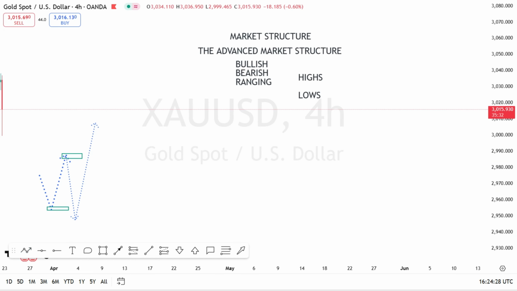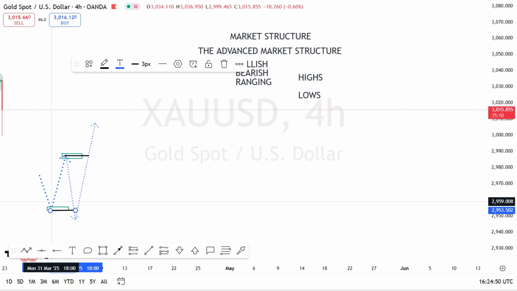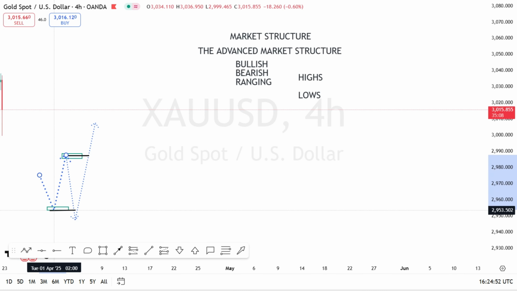So we have our low being taken, and we have our high also being taken out here. All right, so this is the first step that you need to consider. You have a low here, you have your high here.